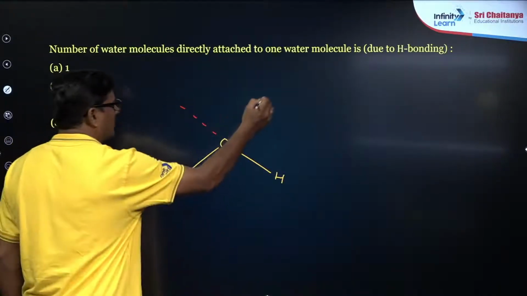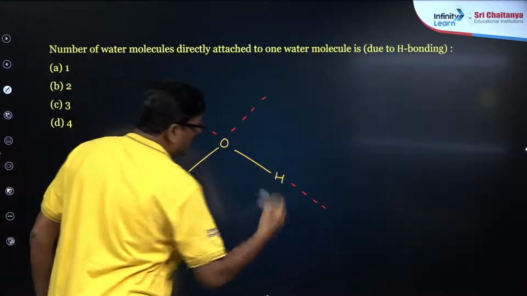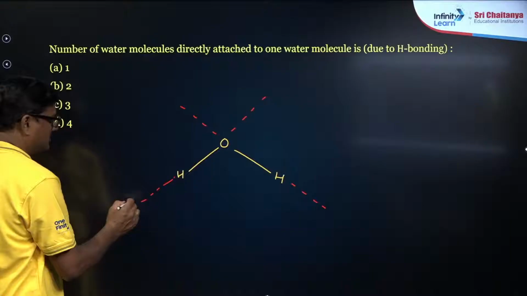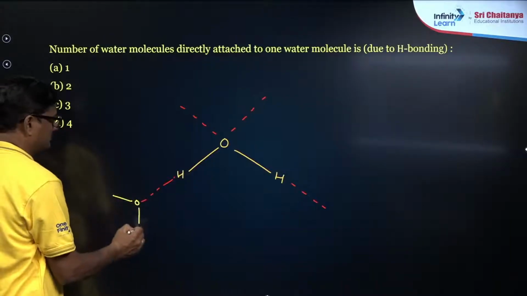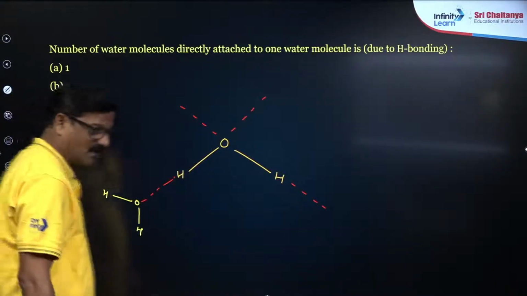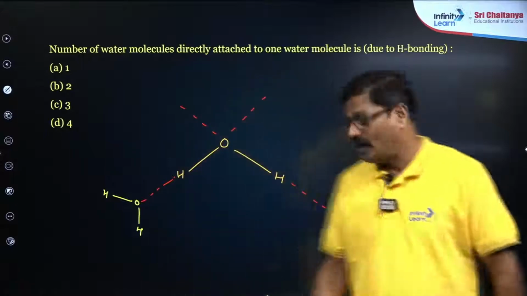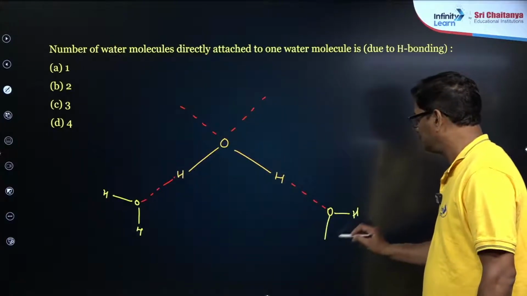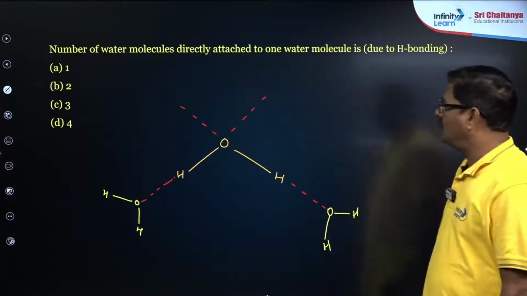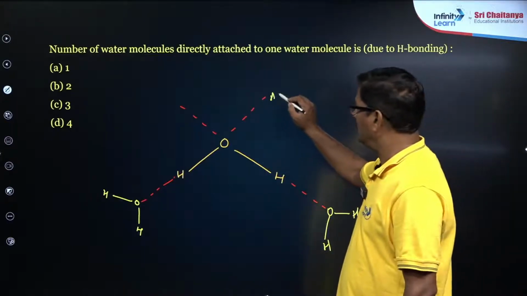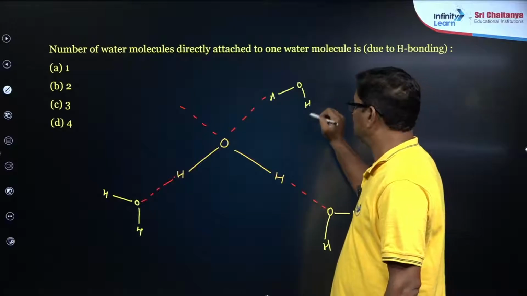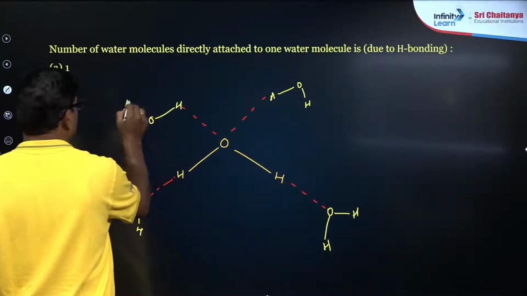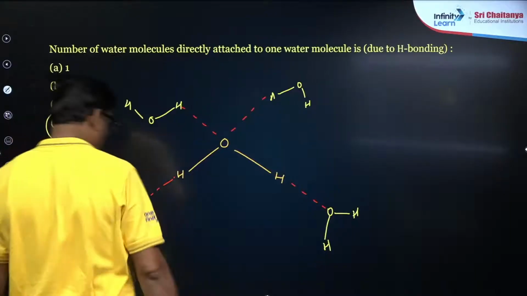Because of this intermolecular hydrogen bond, oxygen is hydrogen bonded, and hydrogen is bonded with oxygen. So I just want to give the answer 4 as the correct one.